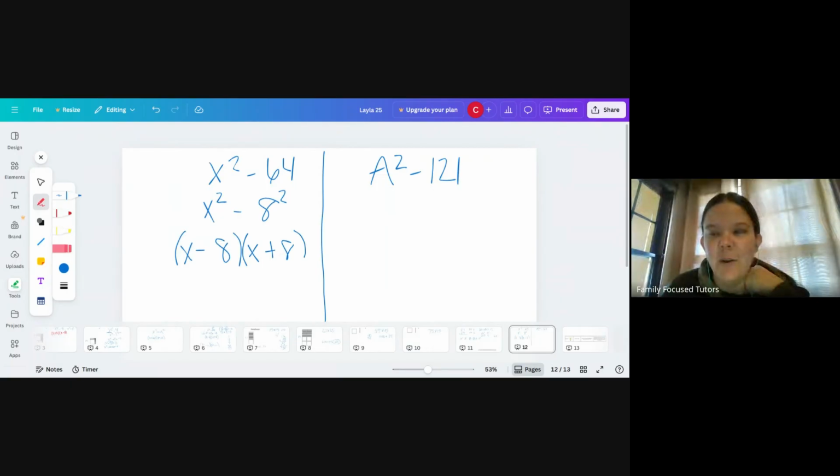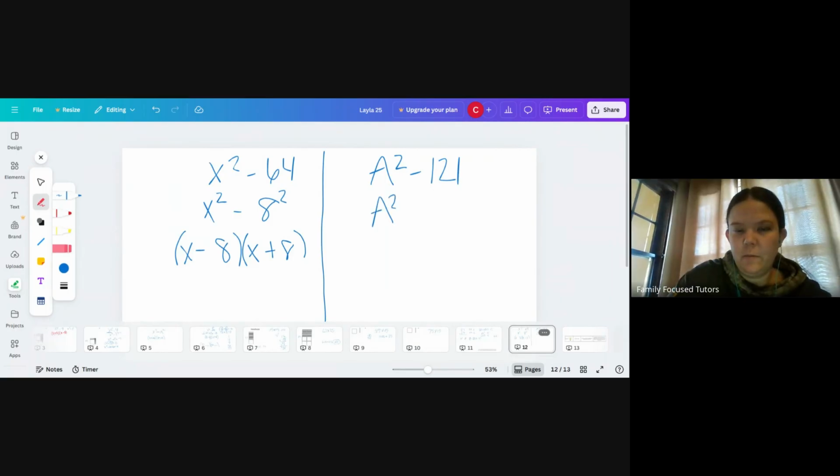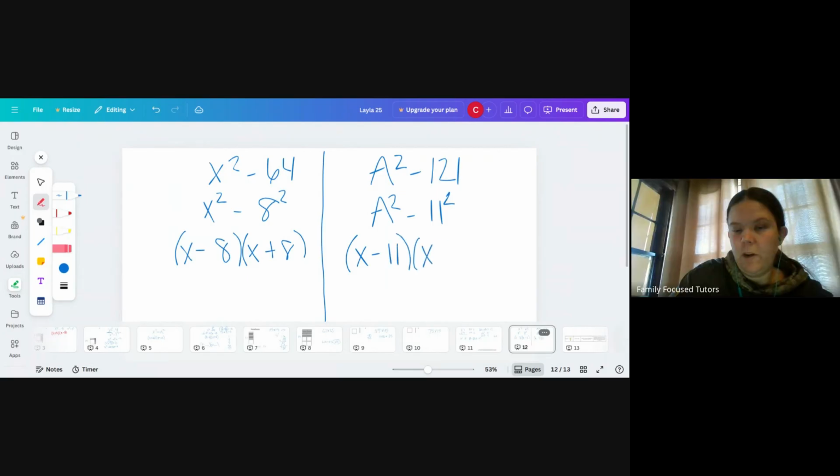Good. All right, the next one is a squared minus 121. That's actually a squared minus 11 to the second power. Yes. And my factors are a minus 11 times a plus 11. Great.